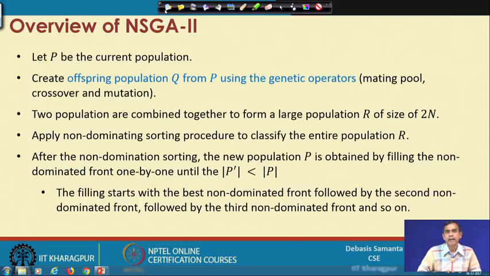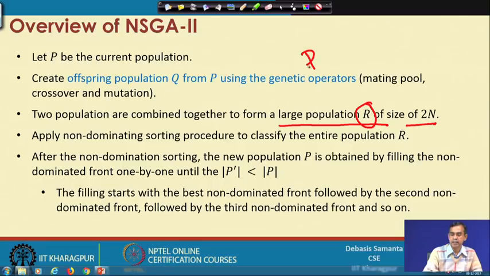Now, once P and Q are known, the technique in NSGA-II is that we combine all the solutions from both P and Q together into a solution set. If P is the initial solution set and Q is the next solution set, combining the two gives a population, let it be R, of size 2n.